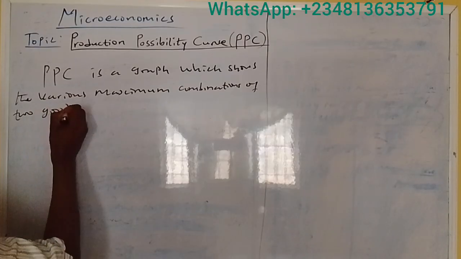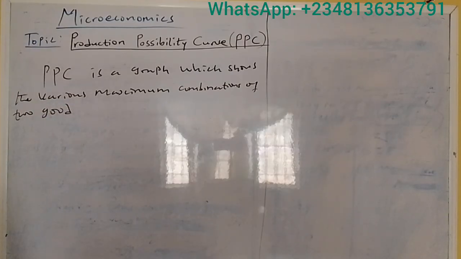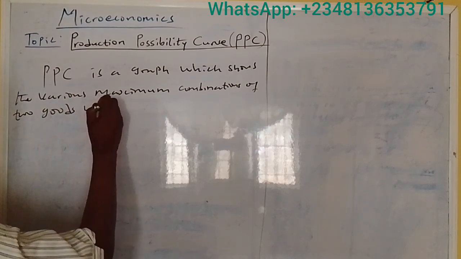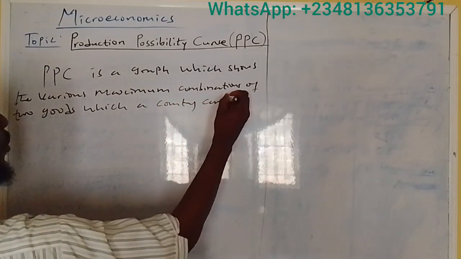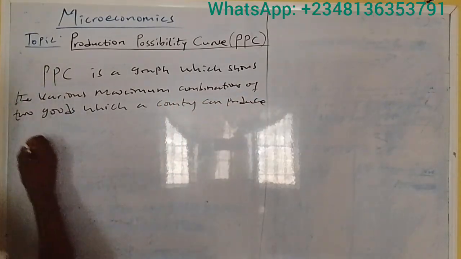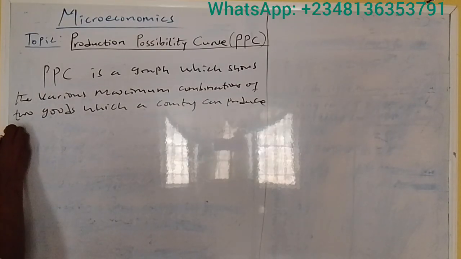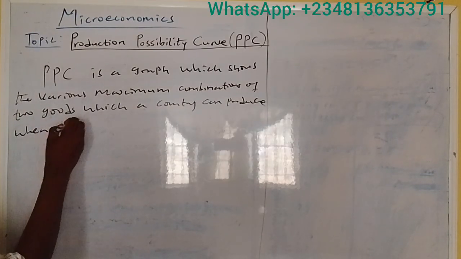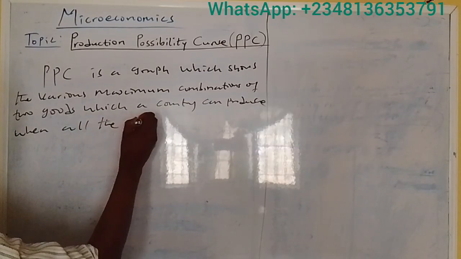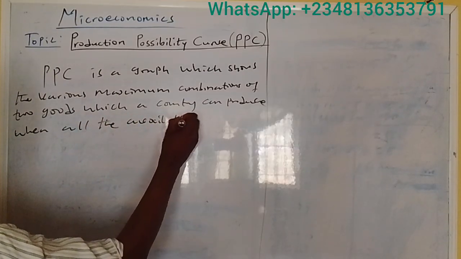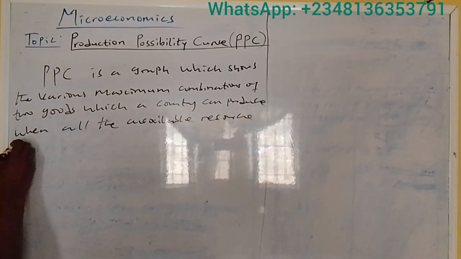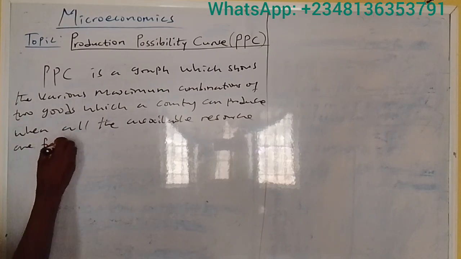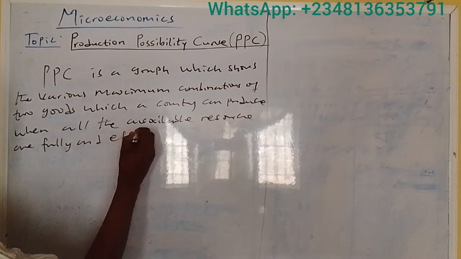Don't forget, one of the assumptions is that the country produces two goods, which a country can produce when all the available resources are fully and efficiently utilized.